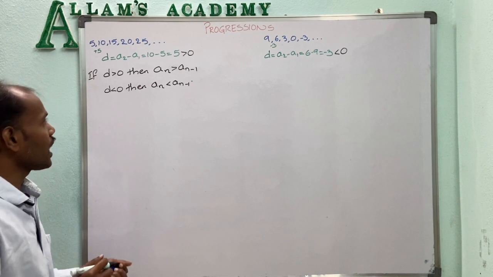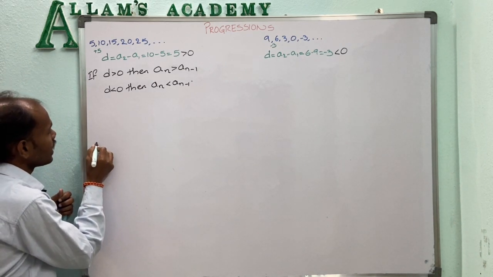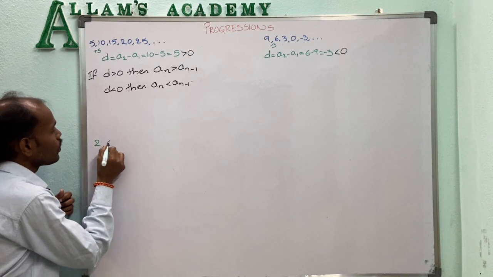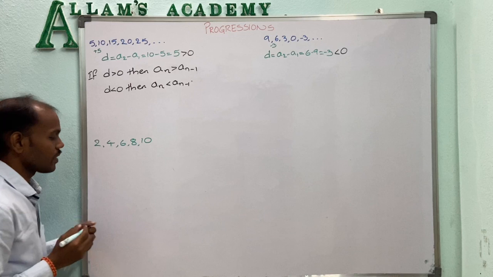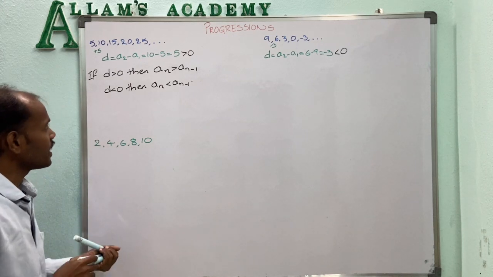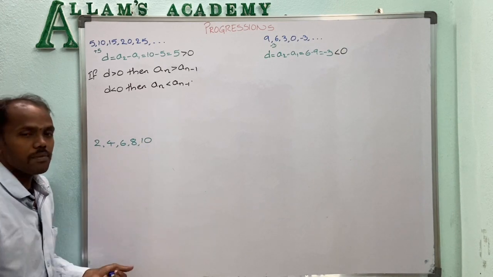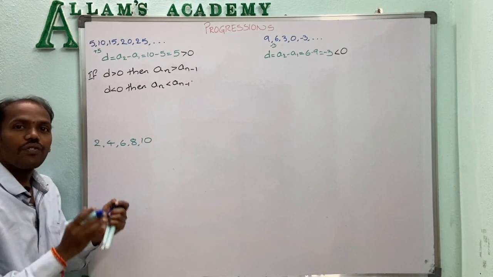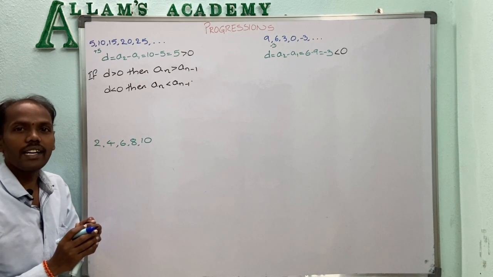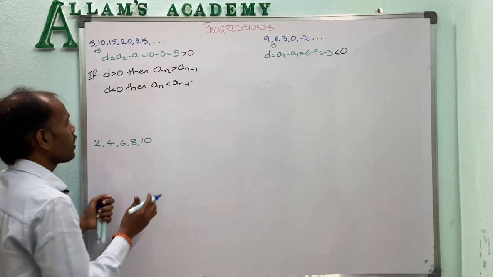Now if we observe a series, that series is 2, 4, 6, 8, 10. Now here in this series, how many terms are there? 5 terms. So in an AP, if the number of terms is finite, then it is called a finite AP.